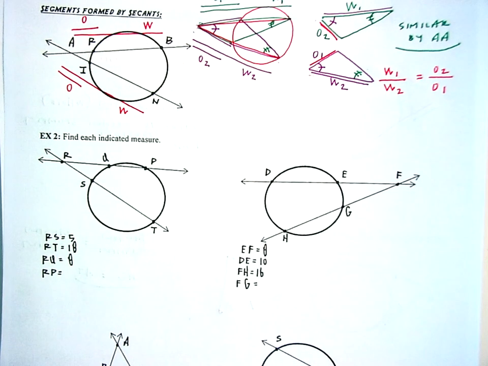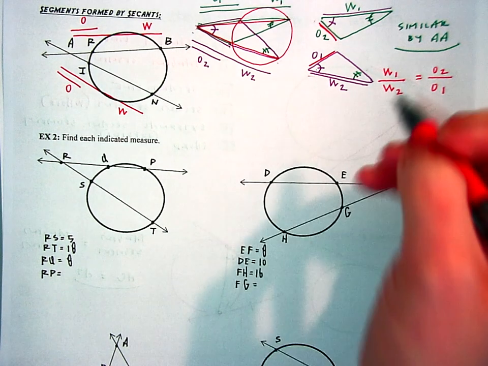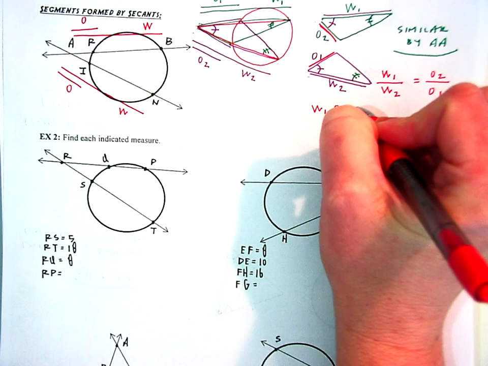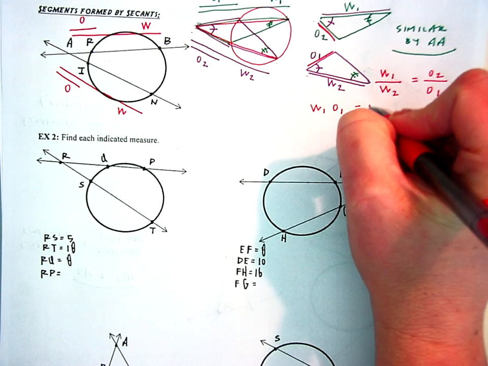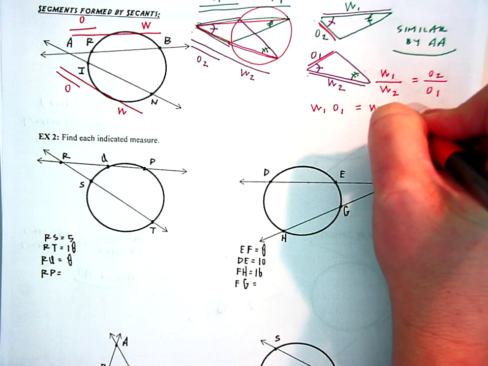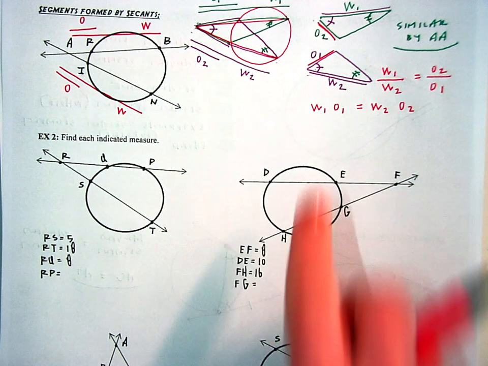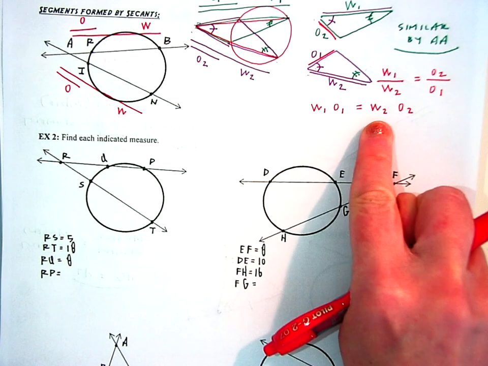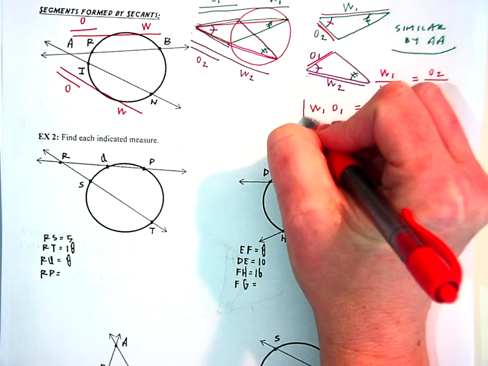So there's my proportion, and if I cross multiply, I end up seeing whole 1 times outside 1, that product, is equal to whole 2 times outside 2. And that's our formula. That's going to be our whole formula. So it's going to say the whole times the outside is equal to the whole times the outside. Let me box it.